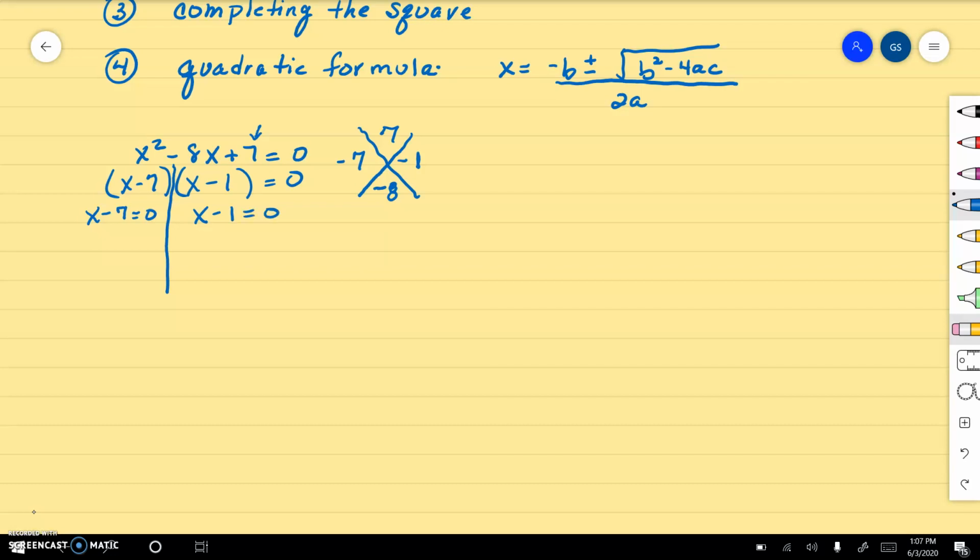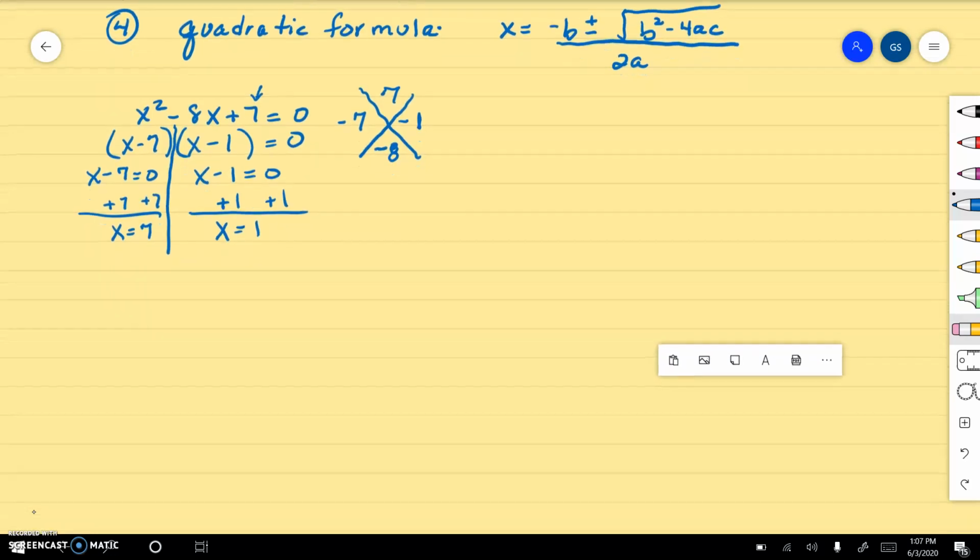We solve each little equation. If I add 7 to both sides of this one, I get x equals 7. If I add 1 to both sides of this, I get x equals 1. That's algebraic.